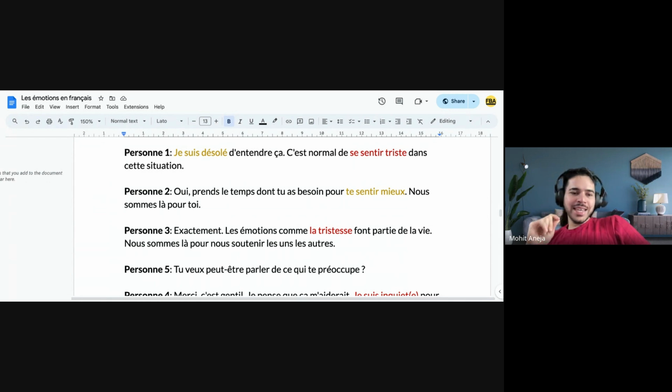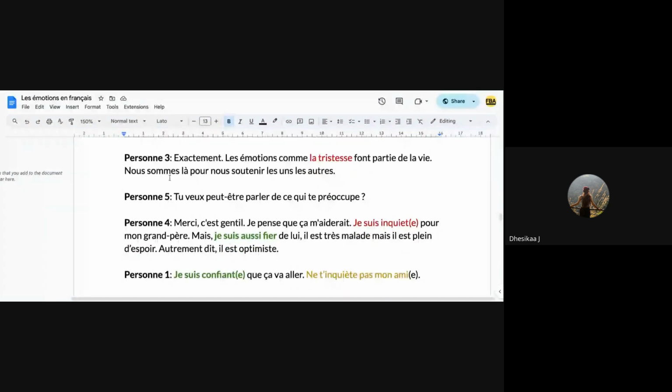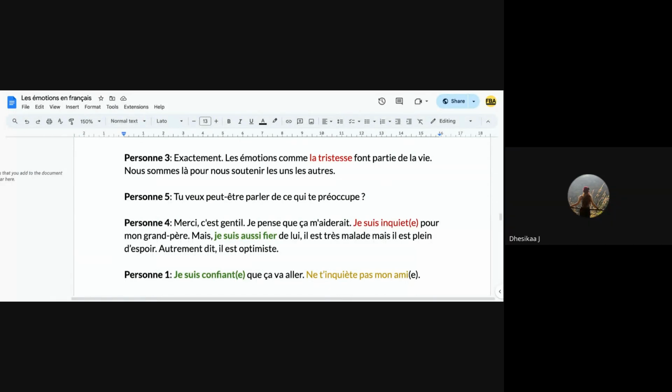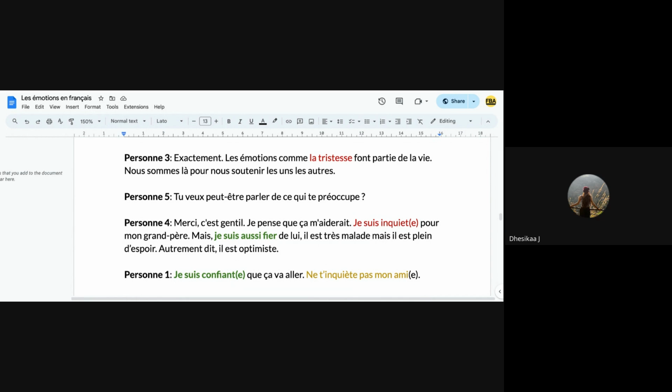Exactement. Les émotions comme la tristesse font de la vie. Nous sommes là pour toi. Nous sommes là pour nous soutenir les uns les autres. Tu veux peut-être parler de ce qui te préoccupe. Merci, c'est gentil.